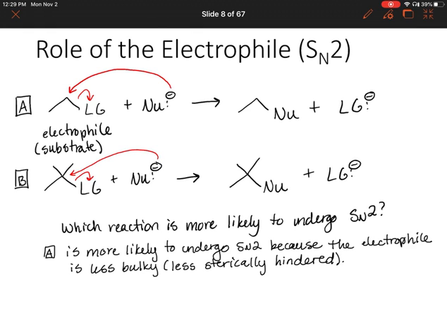All right, so just a quick note here. SN2 reactions will occur for less bulky reactants.